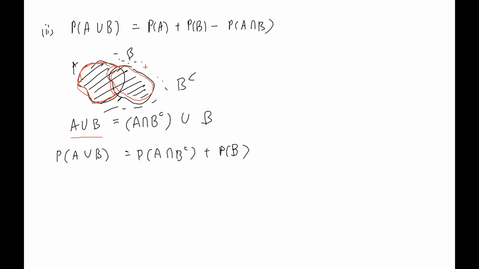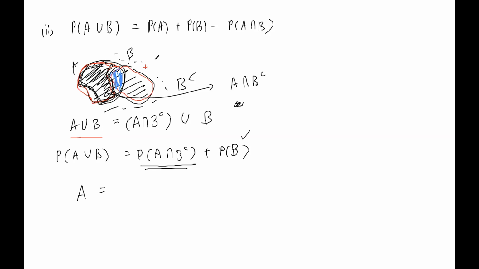Okay. Now we got this part out, but how about this one? So you're looking at this piece. Let's look at it. Your entire A piece here is equal to this piece here plus this piece here.